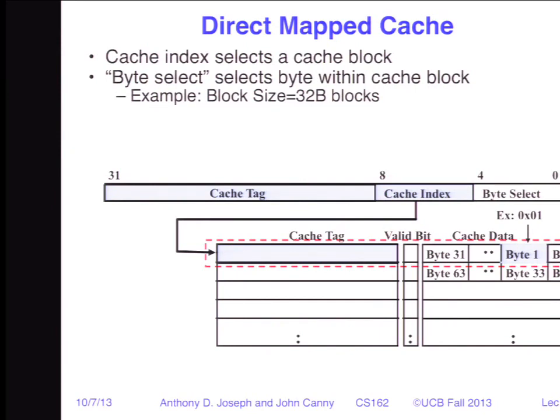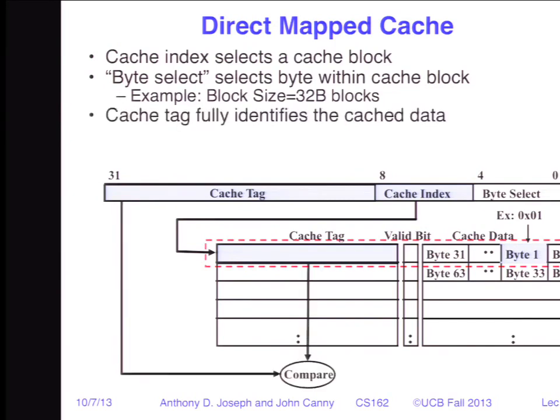Okay, so 5 bits, 2 to the 5 is 32. And then we use the cache tag to compare against the tag of this entry to see if this entry is actually what we're looking for. Right, remember, with direct map, there's only one place it can go. And so if this does not equal, then we know it's not stored in the cache.